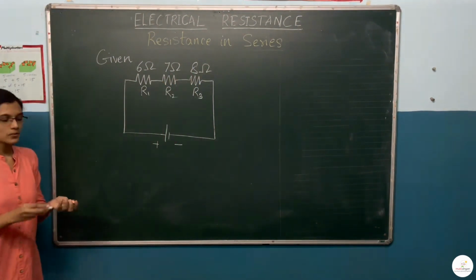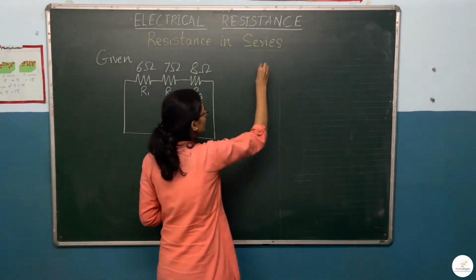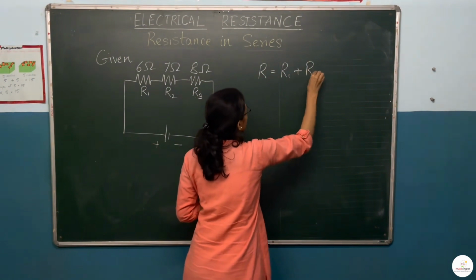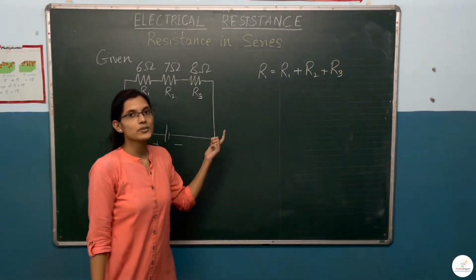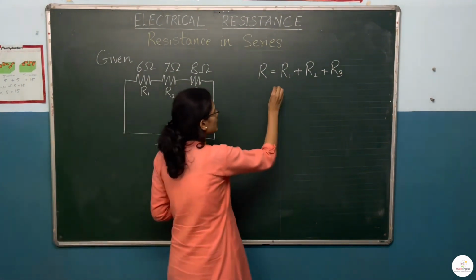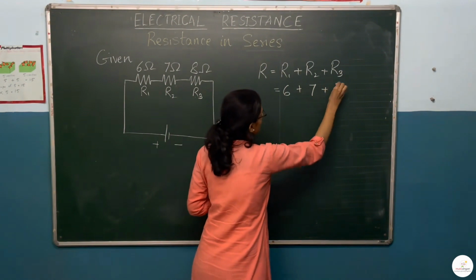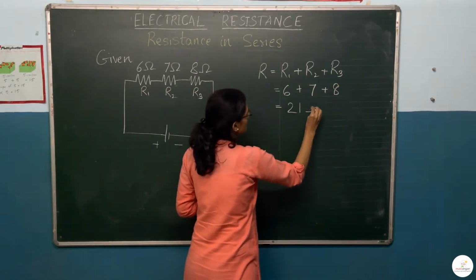This is given in our question. Now the formula to find total resistance is R1 plus R2 plus R3. We know the values for R1, R2 and R3. We can just fill it in here. The total will be 21 ohms.